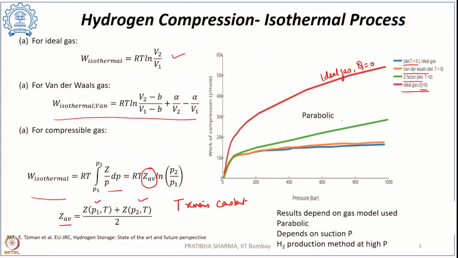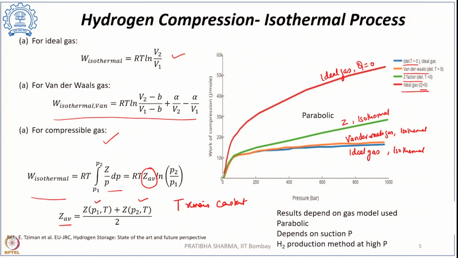Similarly, next is the compressible gas model which uses the compressibility factor and considers it to be isothermal. The third one is considering it to be a van der Waals gas under isothermal conditions, and finally considering it to be an ideal gas under isothermal conditions. This shows that depending upon the gas model used, the work of compression varies with the pressure.